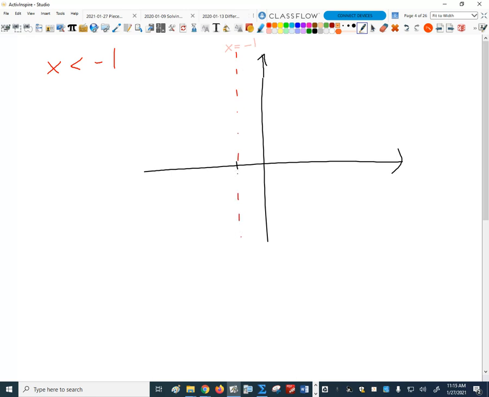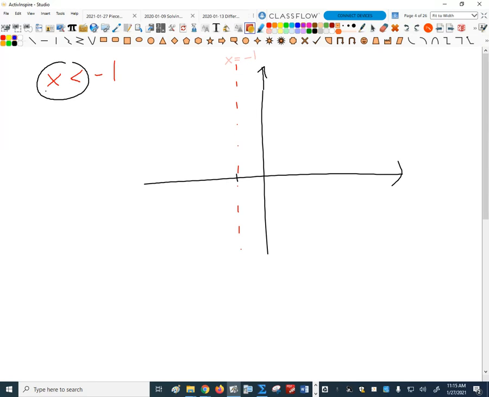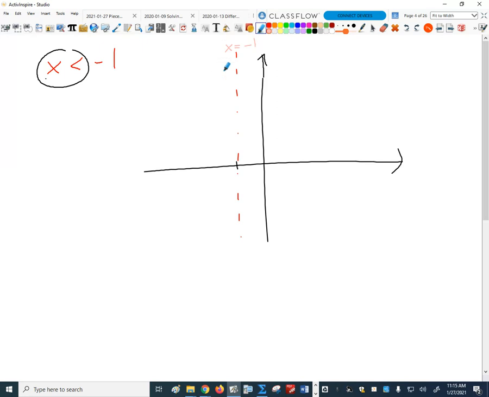And then you would have told me, based on the direction of this inequality, I'm graphing the x values that are less than my boundary line. You would have told me to graph everything over there, wouldn't you? Right?